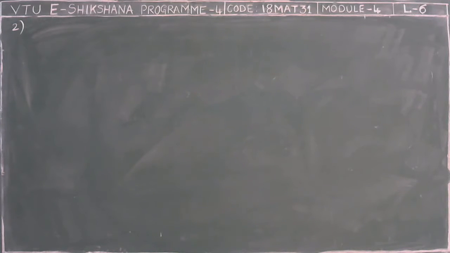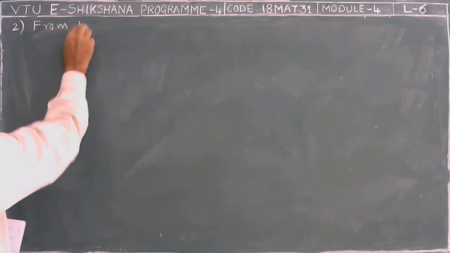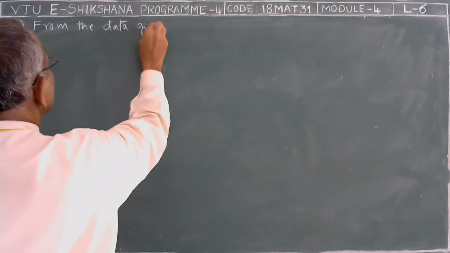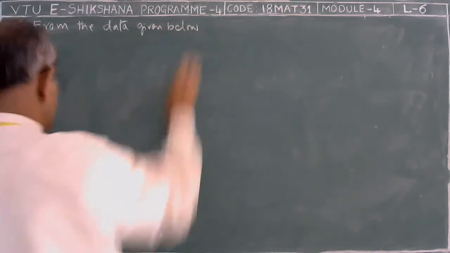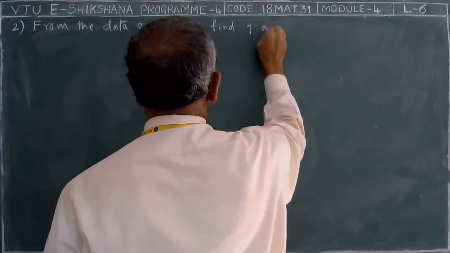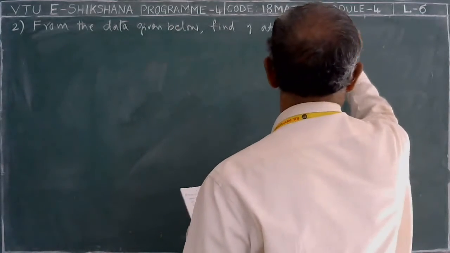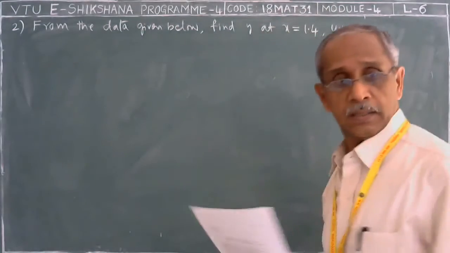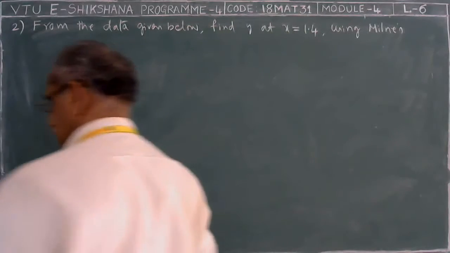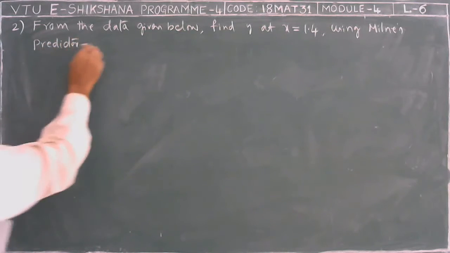From the data given below, find y at x is equal to 1.4 using Milne's predictor corrector method.